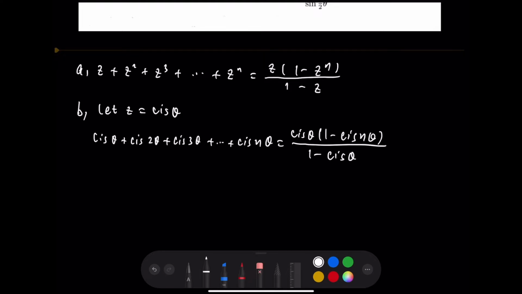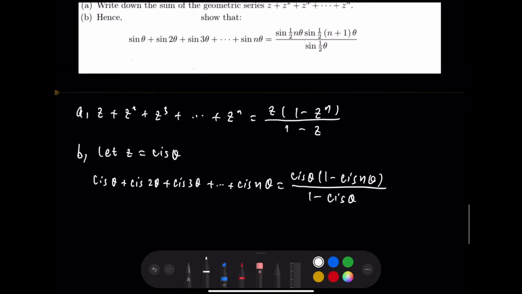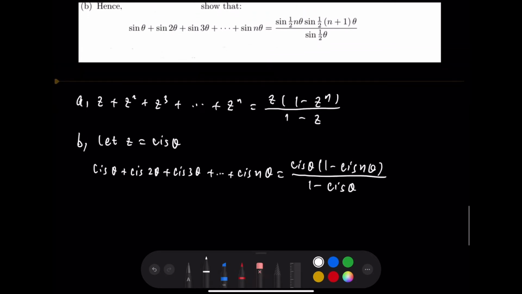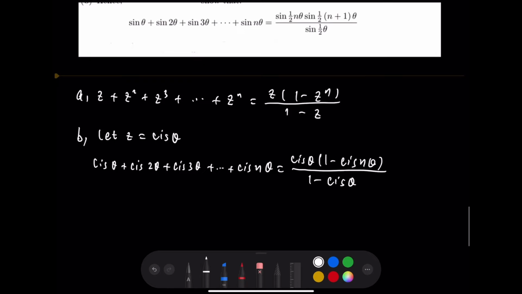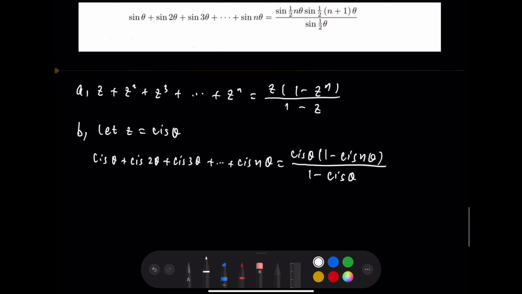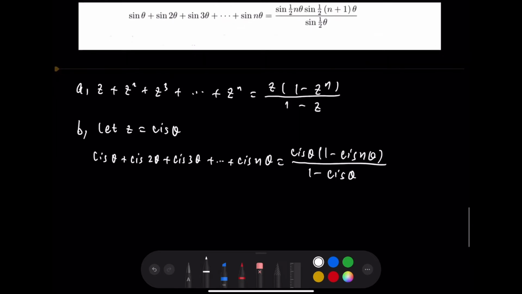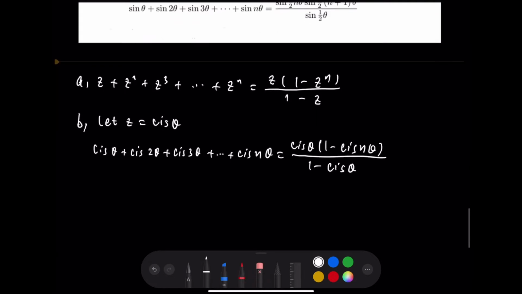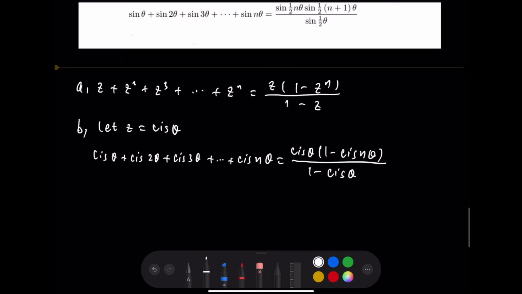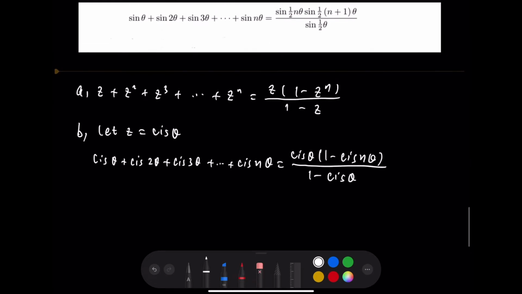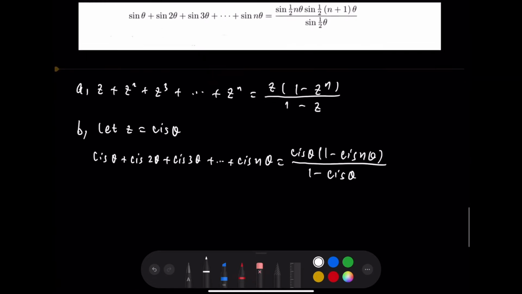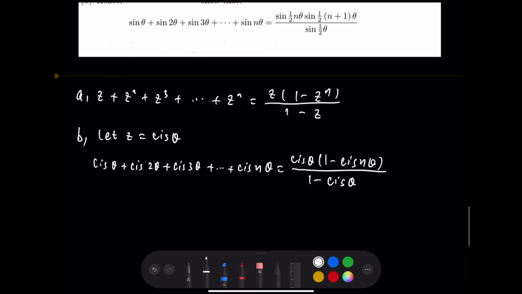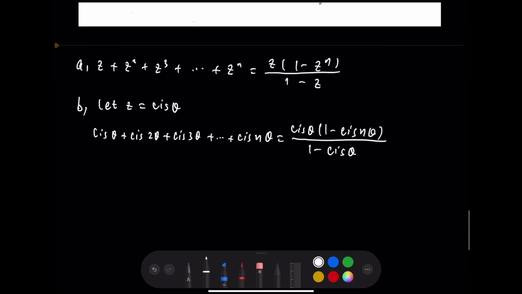Compared to the question we are asked to prove, the left-hand side looks like the imaginary part of every single z. But the right-hand side, we're not sure yet. We can't really see it. So I'm going to find the imaginary part of the left-hand side and also try to simplify the right-hand side, to see if its imaginary part is the same as the right-hand side of the question.